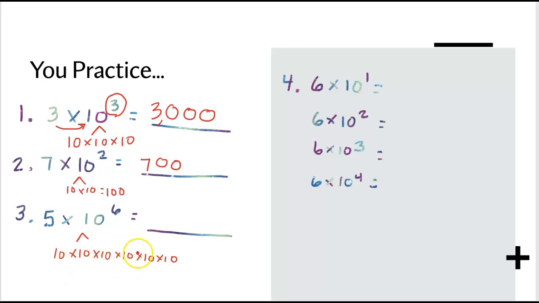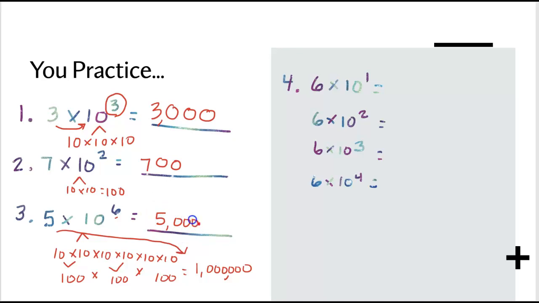And I know, based off of all of these zeros and the exponent and multiplying, that I have 100 times 100 times 100, which gives us 1,000,000. And when I multiply 5 times 1,000,000, I get 5,000,000. So I hope you got that right.